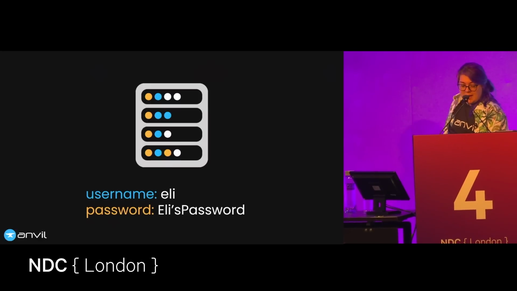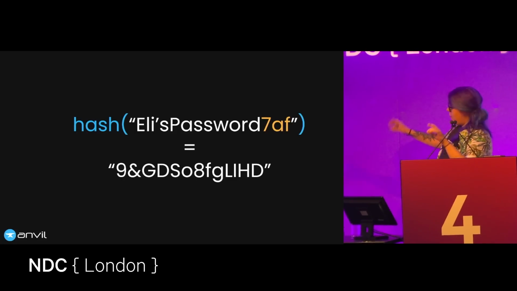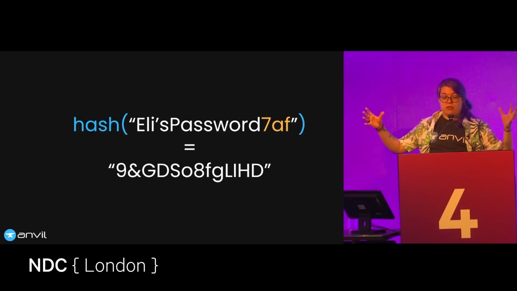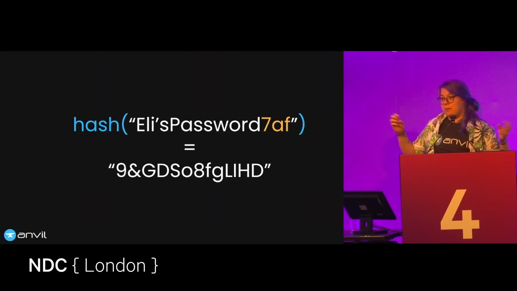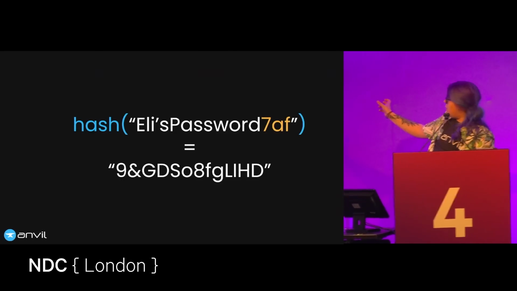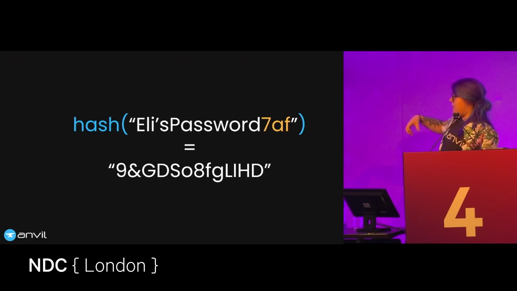So what we do instead is we use salted hashes, and this hash in blue is a one-way function that basically takes an input string and turns it into an incomprehensible mishmash of characters and letters. And at the end, we've added a little bit of random data, and this bit of random data is different for every password that you would feed into this hash function.